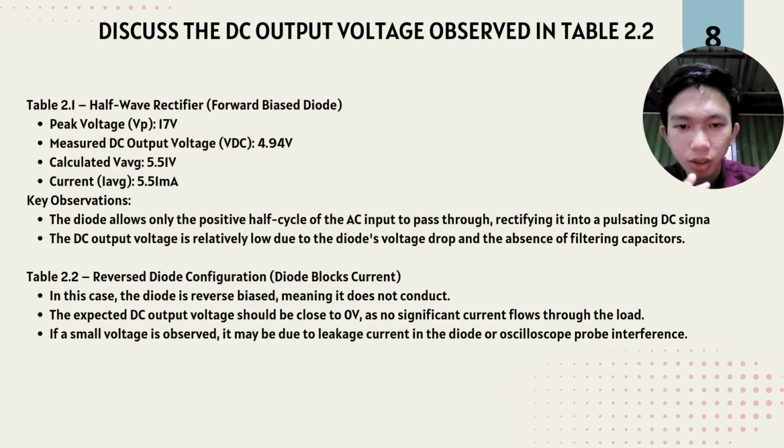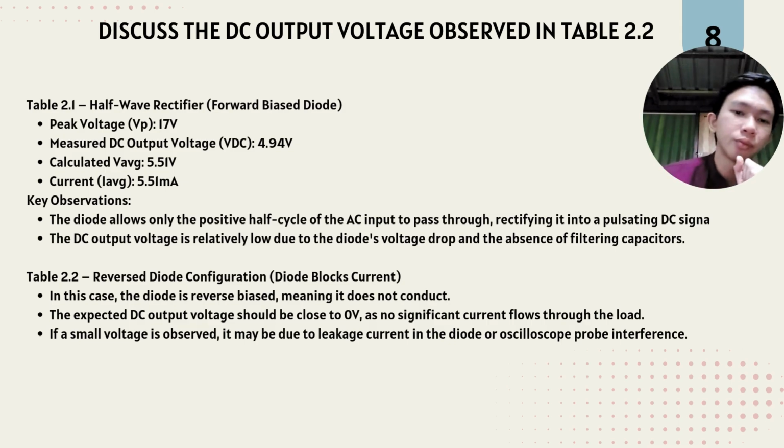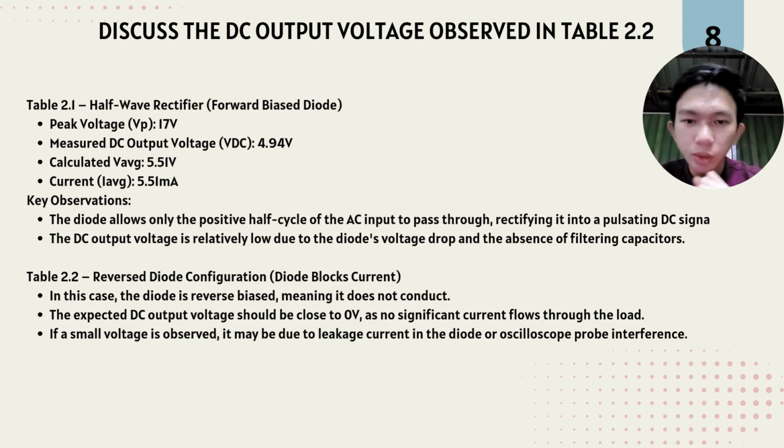So it needs to be zero, but in our practical work, we didn't get zero, maybe because of leakage current in the diode. Maybe the diode is faulty or something.